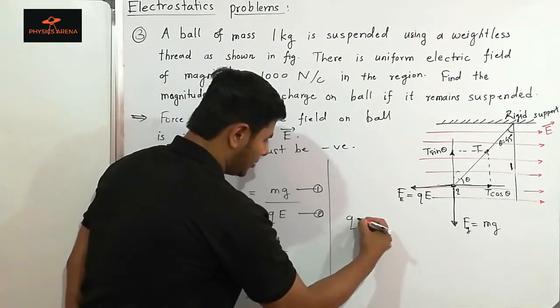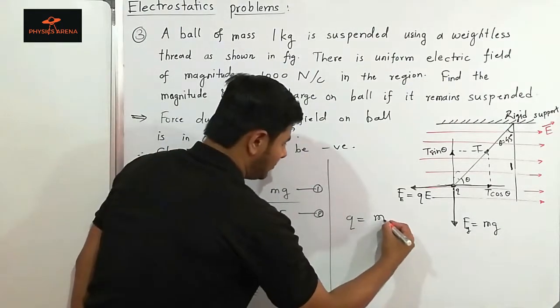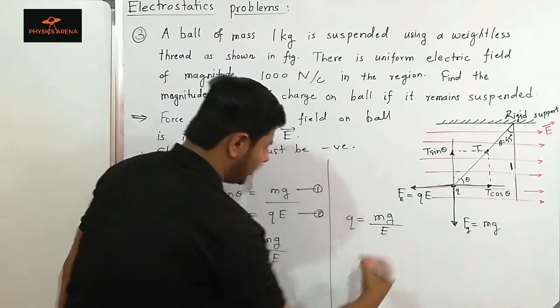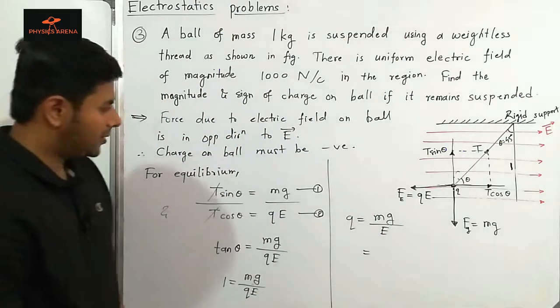So we have Q equals mg divided by E, and let's put the values.